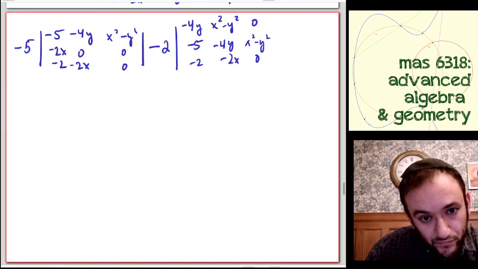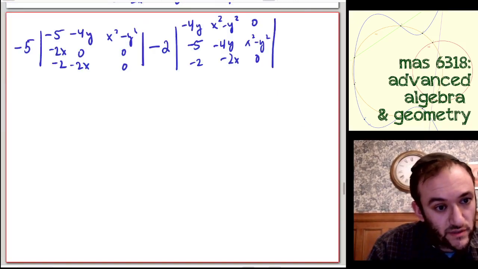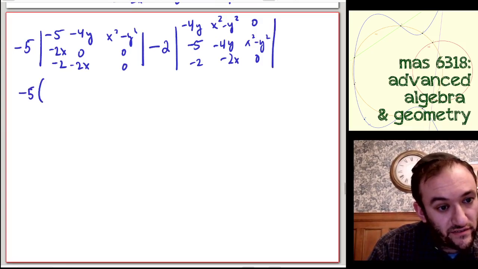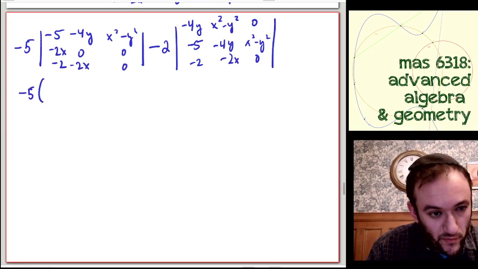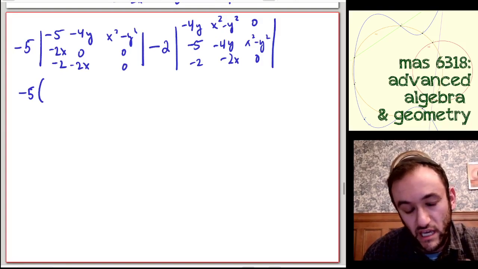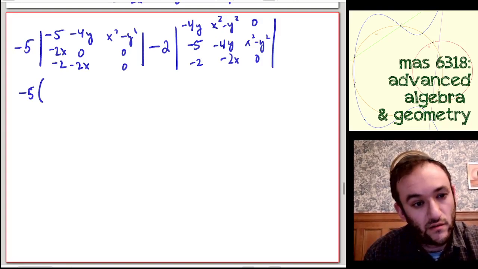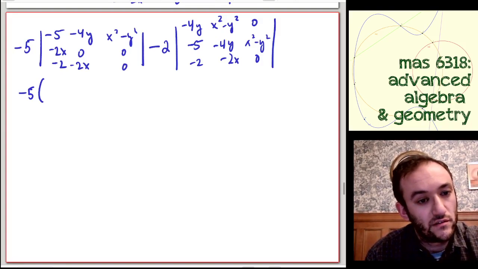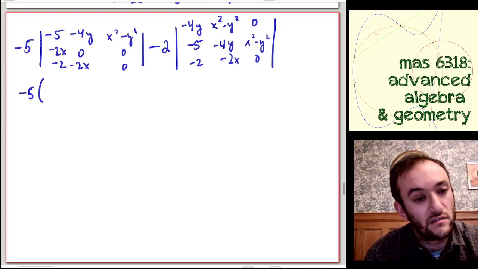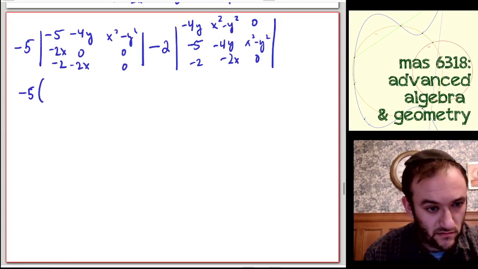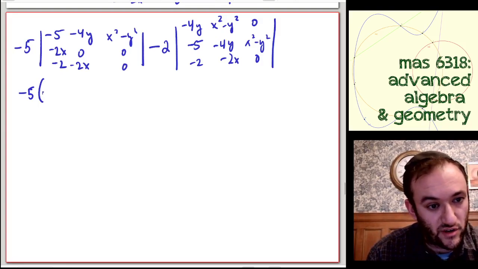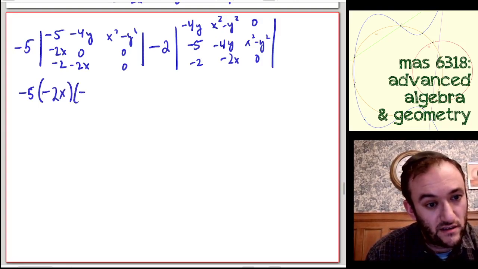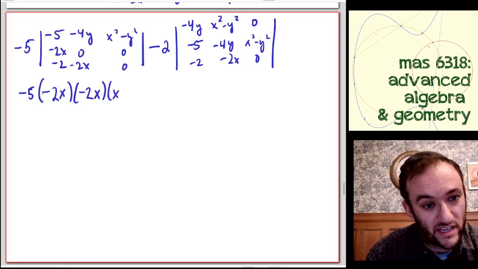Okay, so as we said, this one's relatively easy. We get minus 5 times, well, we pick up a minus sign because we're taking it, actually, this one is, so the minuses will cancel actually. So we'll just take the product. So it'll be minus 2x times minus 2x times x squared minus y squared.